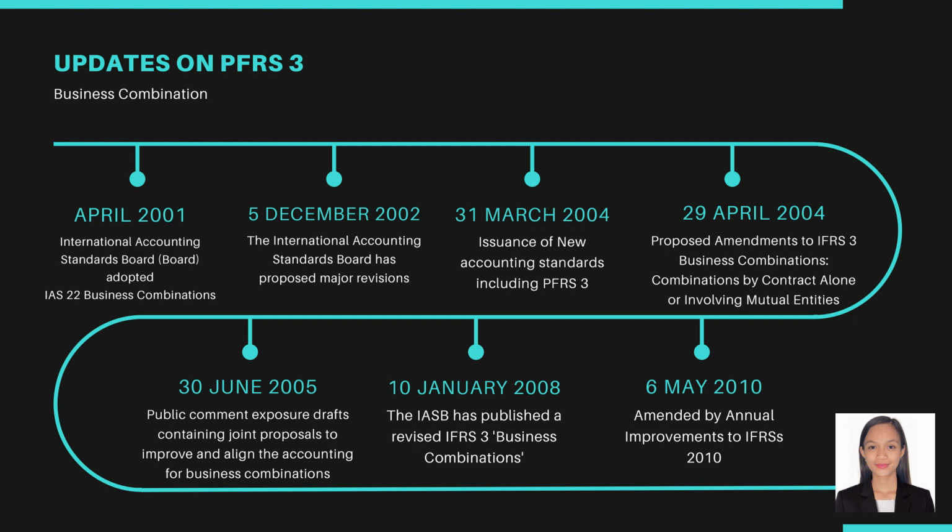Examples of costs to be expensed include finder's fees, advisory, legal, accounting, valuation, and other professional or consulting fees, and general administrative costs, including the costs of maintaining an internal acquisition department. Yun, pag nag-solve tayo ng problems, we are going to apply this. What are the expense outright and yung mga kinakapitalize ng mga cost.